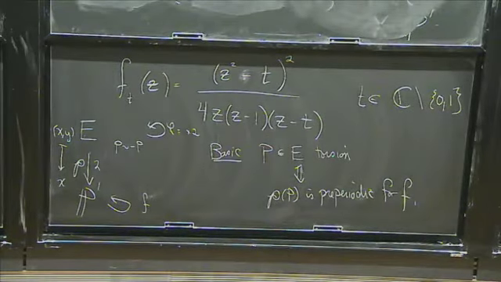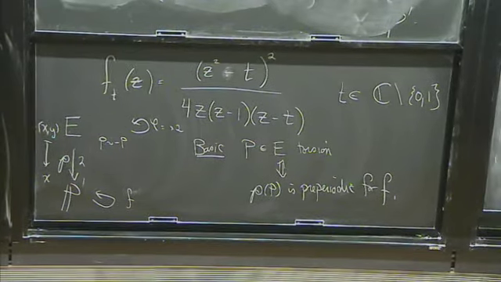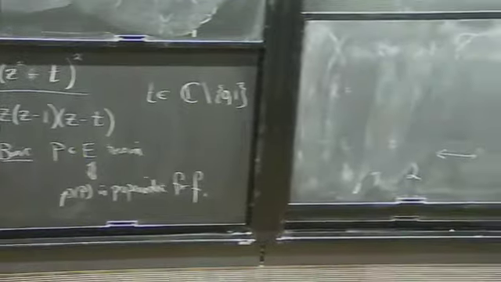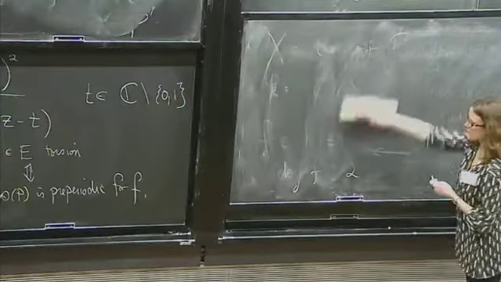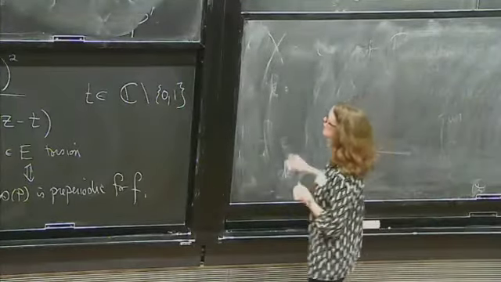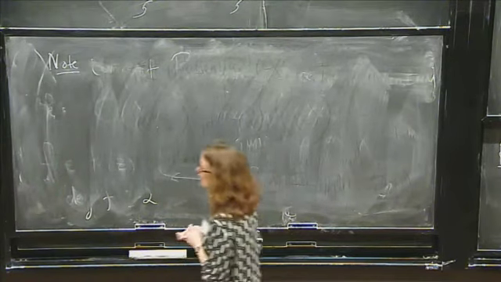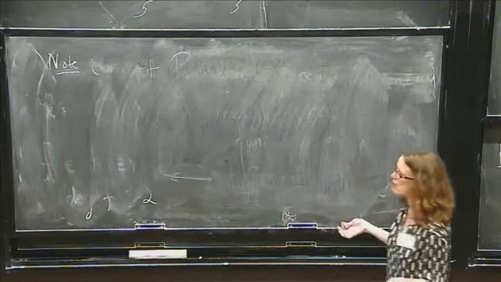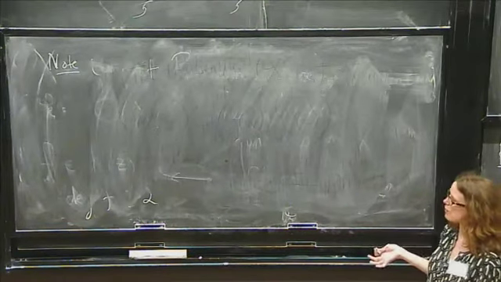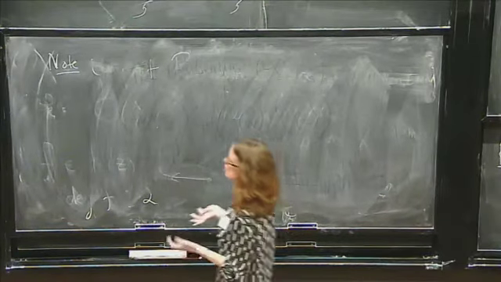Well, in this particular example, you can just do some computations. So I just want to show you what that might look like. So the first thing to note for this particular example, there are a few rational pre-periodic points that are easy to write down.